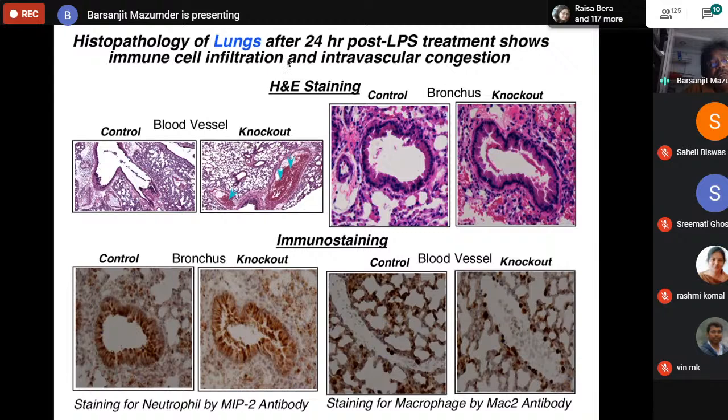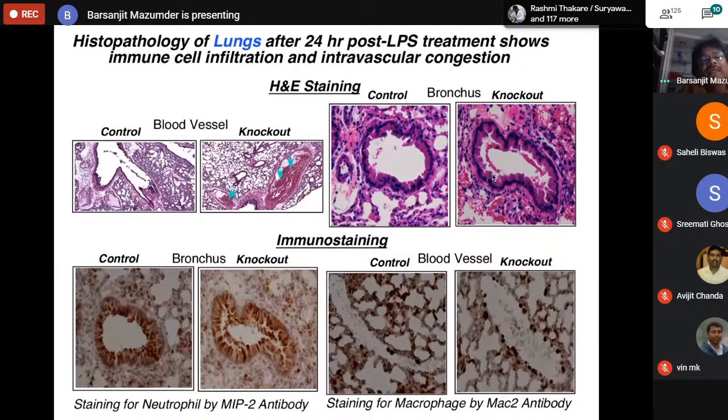We can see that in the knockout mouse, typically we saw huge blood clots in the lung. The lung is a very prominent target organ for overinflammation. In the bronchus, it is rapidly getting filled up with neutrophils, and in the blood vessels of the lung, macrophages got lined up, which is the typical scenario of multi-organ failure.